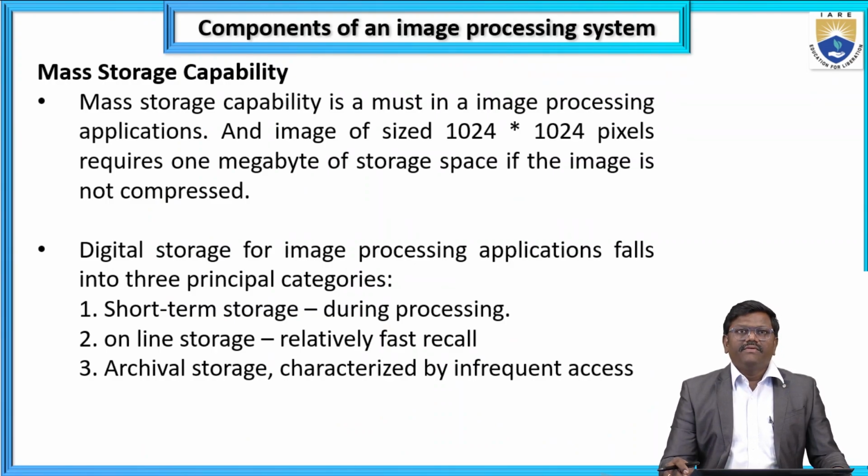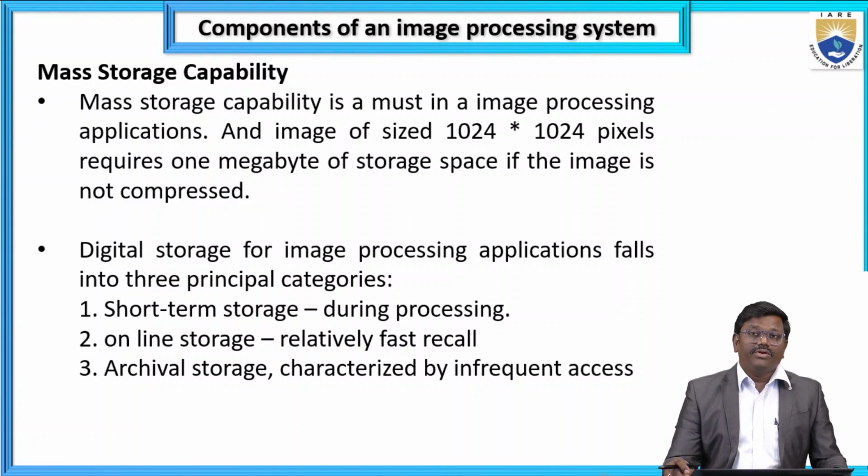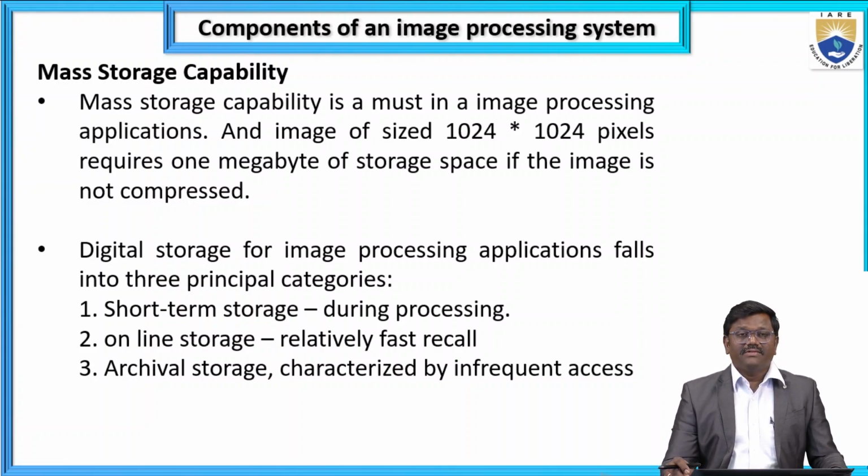Of course, let me define each and every component from the generalized digital image processing block diagram. First one, image mass storage capability. As we are all aware, mass storage capability is a must in image processing applications, and an image of size 1024 by 1024 pixels requires as much as a megabyte of storage space if the image is not compressed.